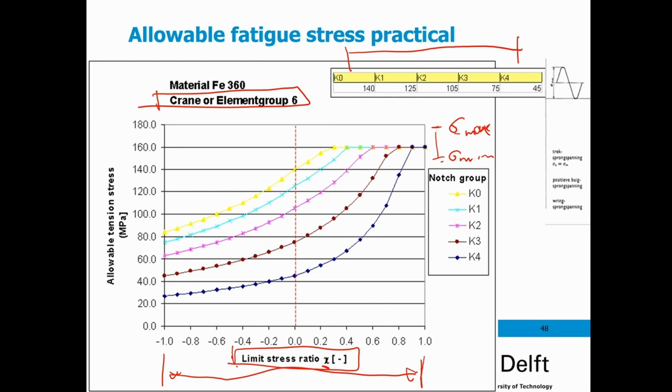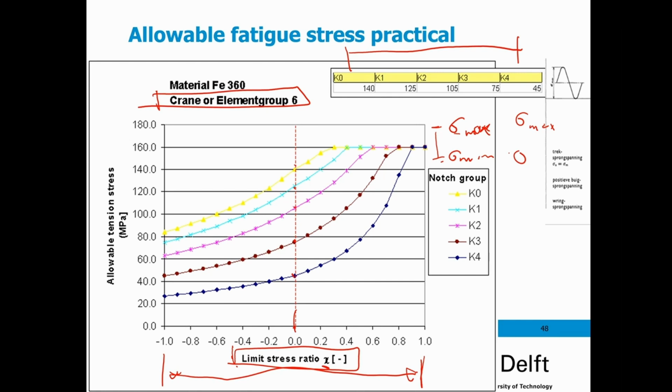So that is this stress ratio, and suppose I have either a load or nothing, then my limit stress ratio is 0, because then the minimum is 0 and the maximum is the maximum stress. So then I can use this curve directly and say, okay, what is my allowable stress in this situation?